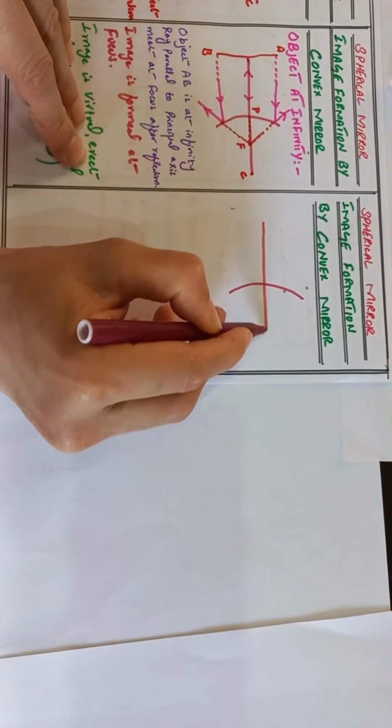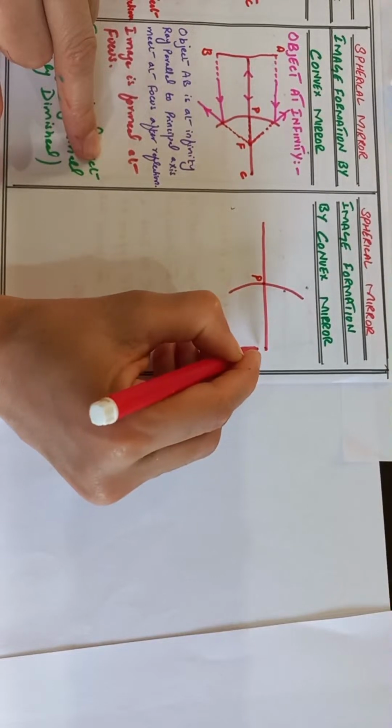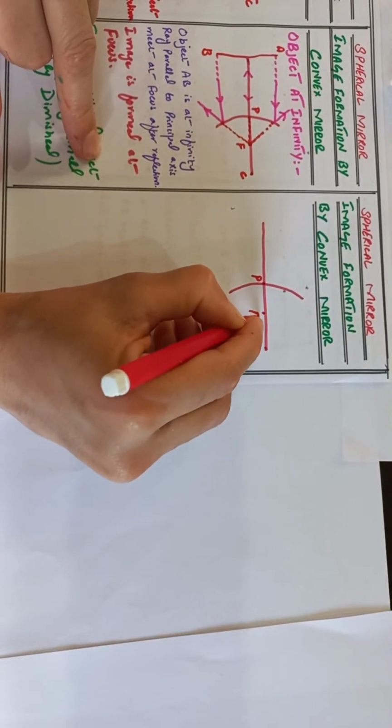Here we take the principal axis. This is the pole, center of curvature, focus.